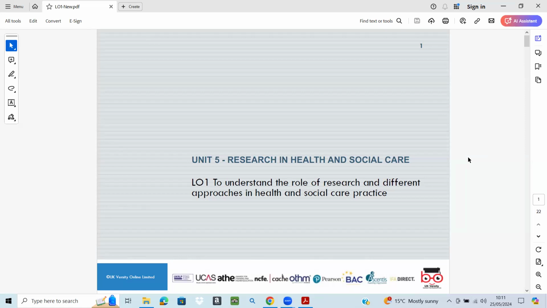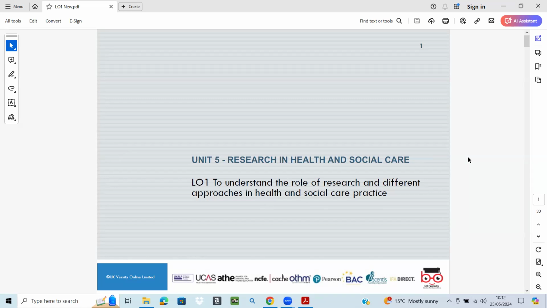An example is incorporating research on infection control practices into hospital policies, which we do to reduce hospital-acquired infections. Then we have collaboration and partnerships. Research involves collaboration between academic institutions, healthcare providers, and policymakers to ensure that studies are relevant and can be translated into practice.